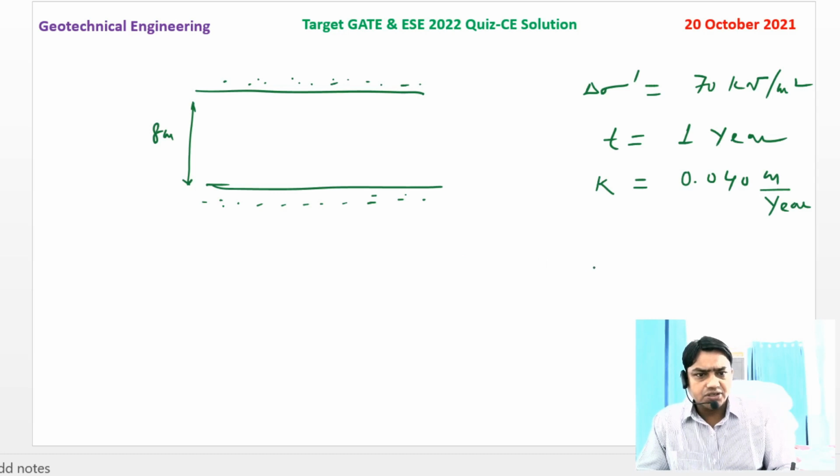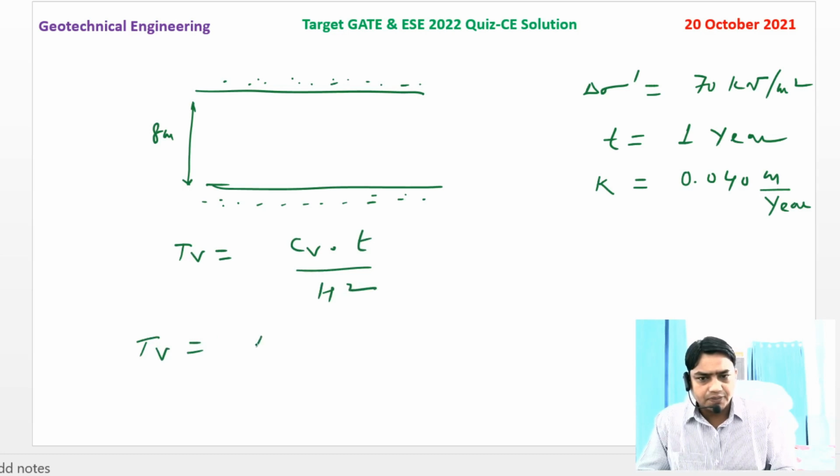Firstly, we have to find the coefficient of consolidation. The time factor TV is equal to CV into T divided by H square. TV can be computed, if the degree of consolidation is less than 60%, as pi by 4 into U by 100 square.